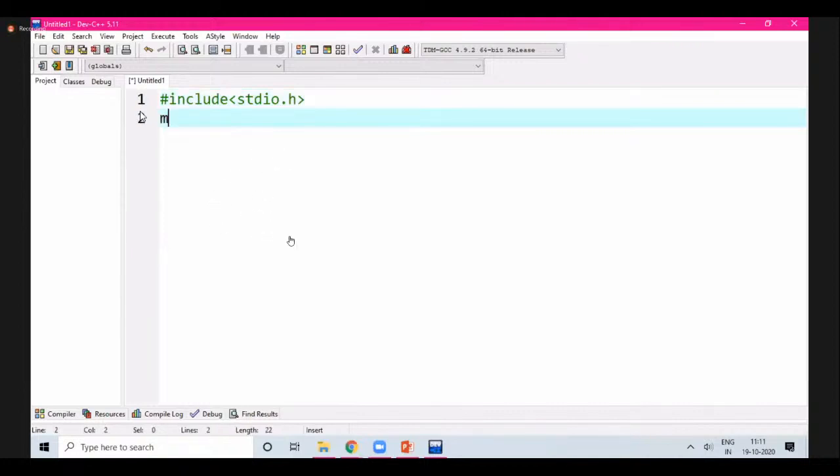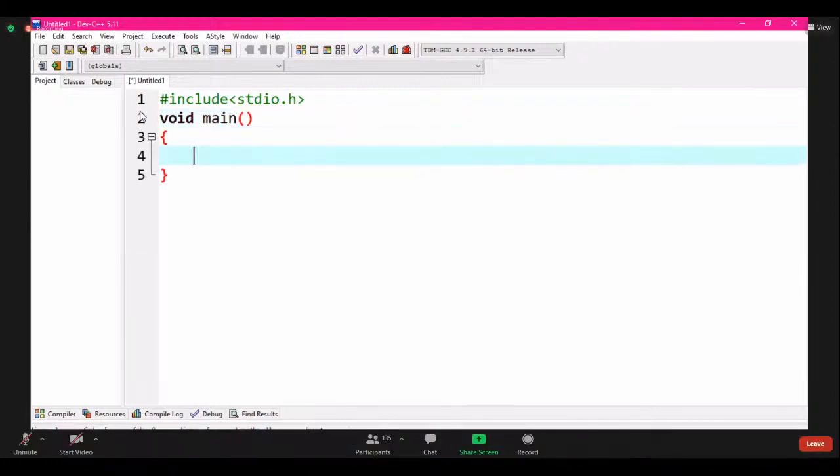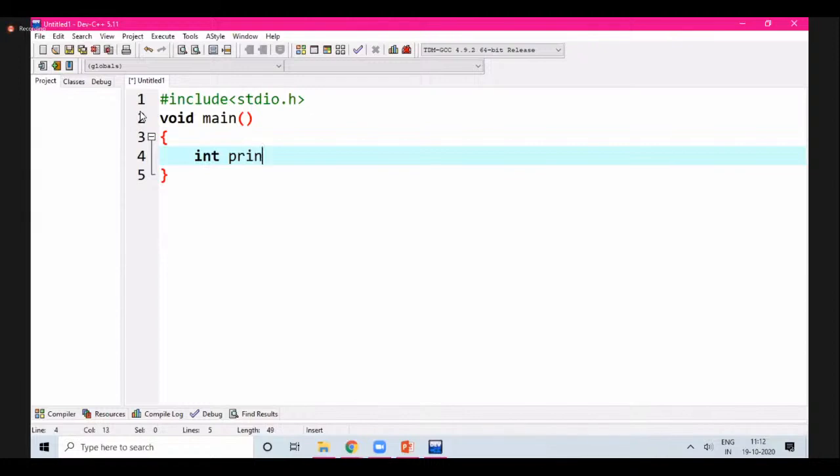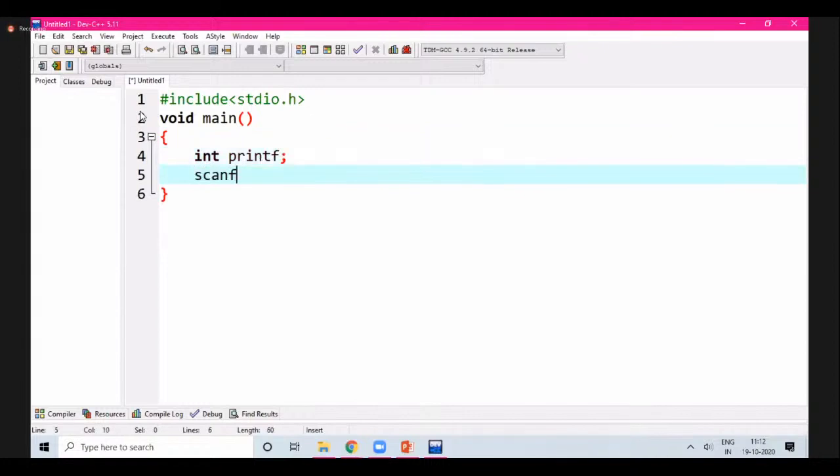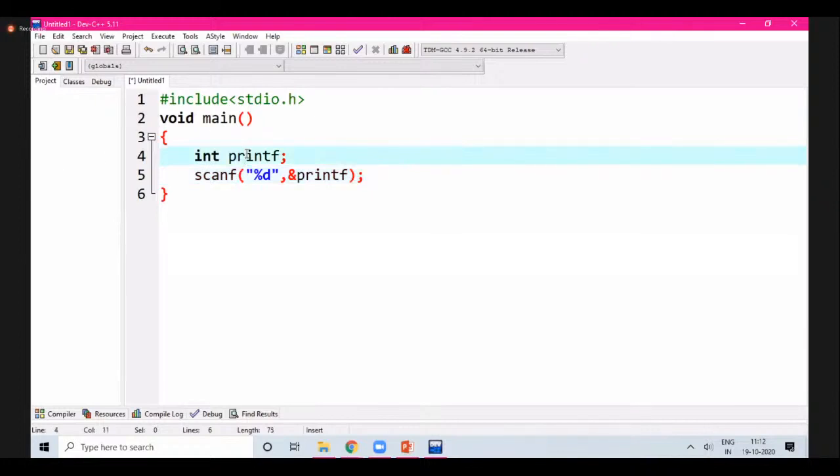So understand what I mean by ambiguity. Here I have declared a statement called printf of an integer. We all know printf is a predefined function, so a few of them say you can't use printf as a variable name. No, you can use it as a variable name if there is no problem of ambiguity.